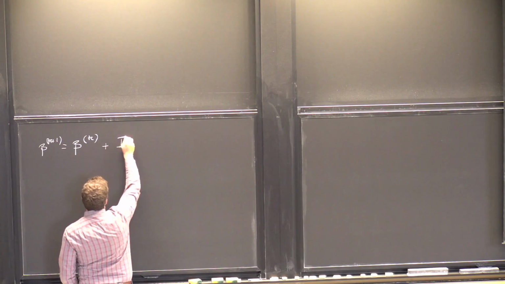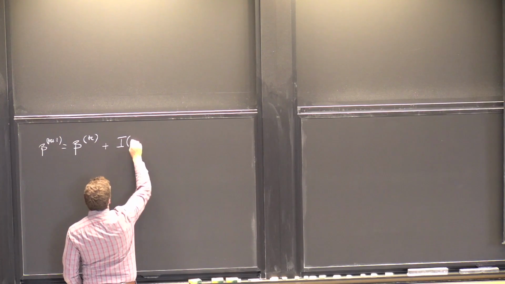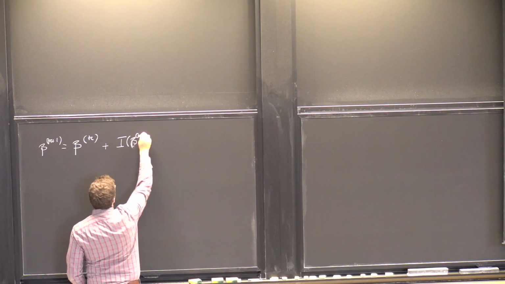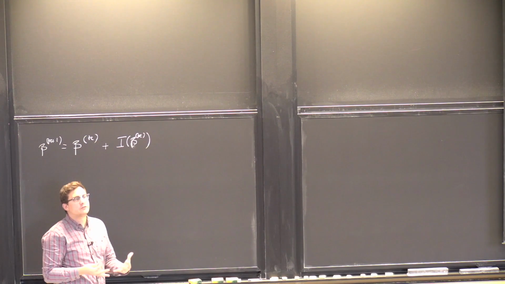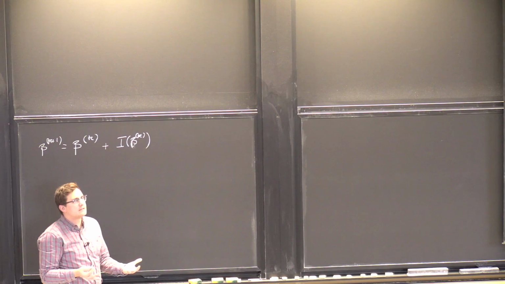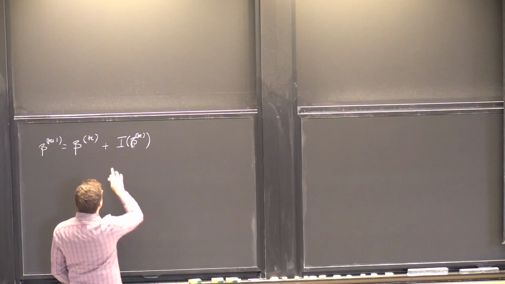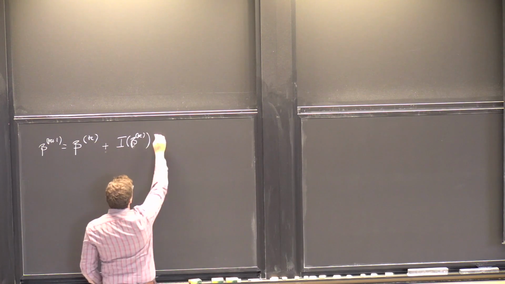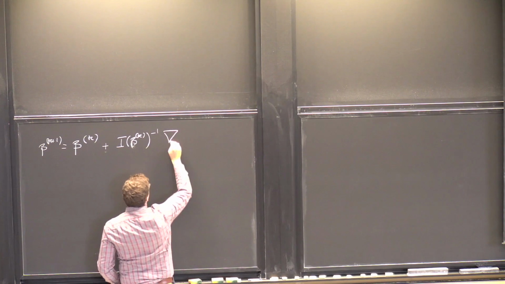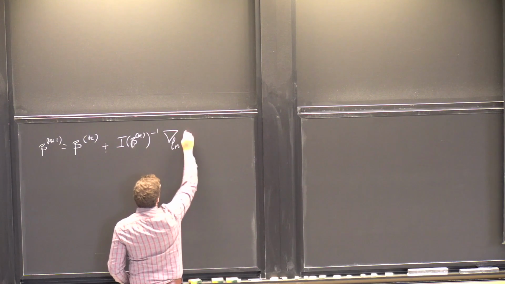If you think of the Fisher information at beta k as being some number, it's actually going to be a positive number because it's a positive semi-definite matrix. So since we're doing gradient ascent, we have a plus sign here. And then the direction is basically the gradient of ln at beta k.